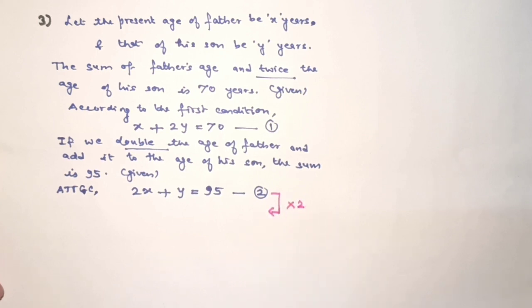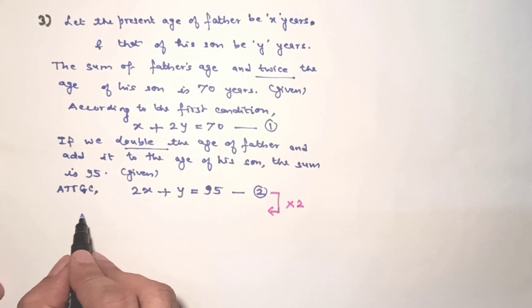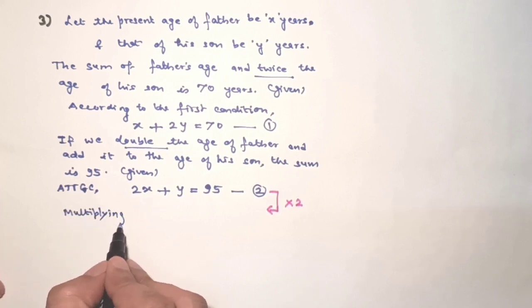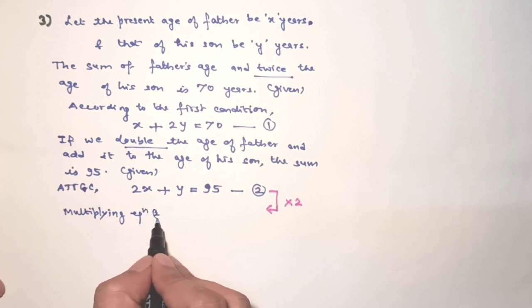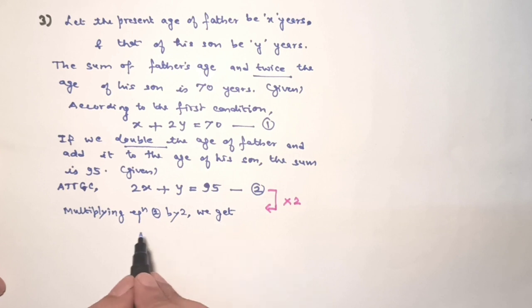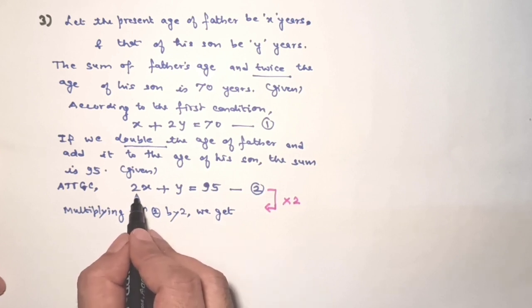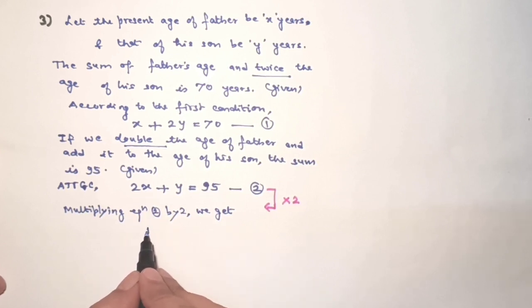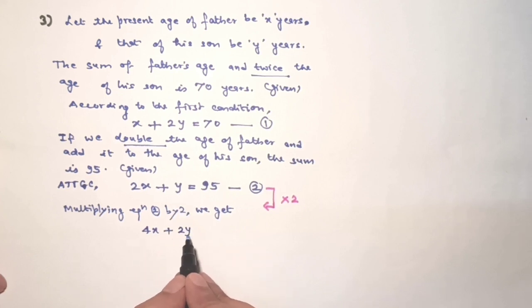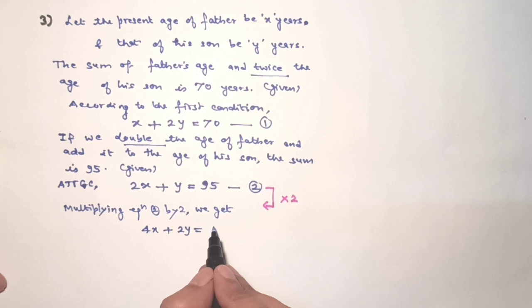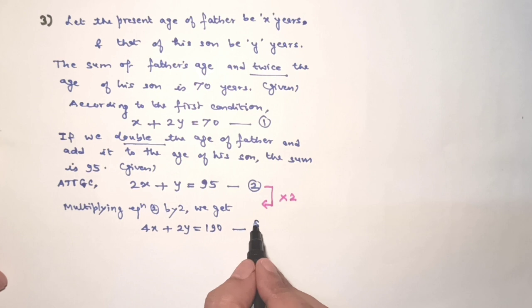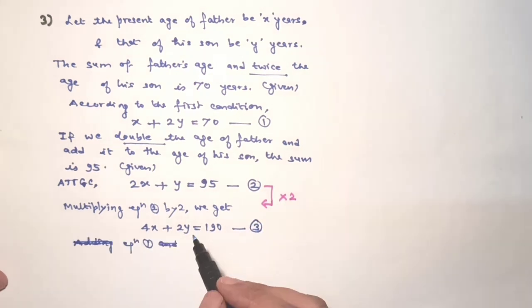So you'll write multiplying equation 2 by 2 we get, 4x, y will become 2y, and 95 into 2 will give you 190. This is your third equation.